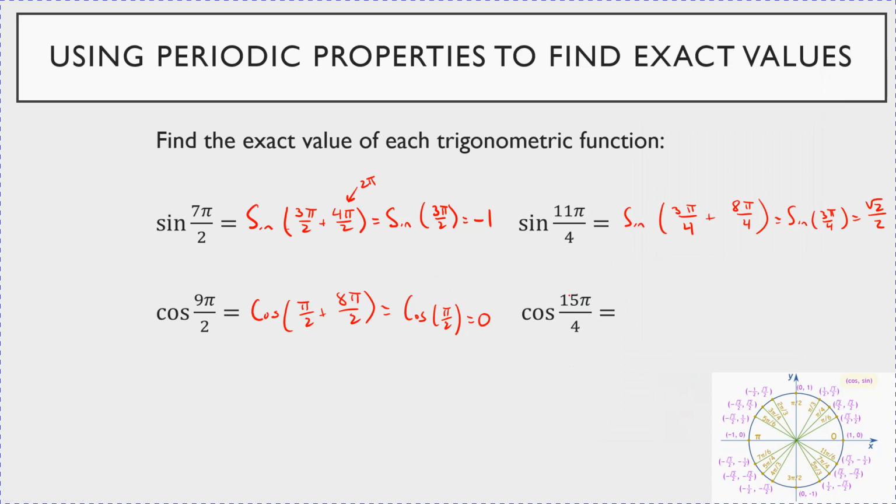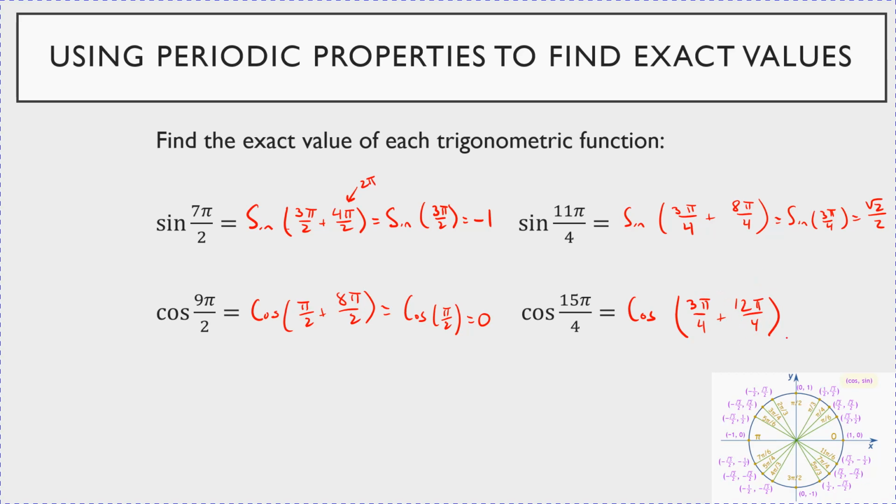Here, cosine of 15 pi over 4, I'm going to break that up as cosine of 3 pi over 4 plus, check this out, 12 pi over 4. But then you go, oh, well, wait a second. That's not 2 pi, right?